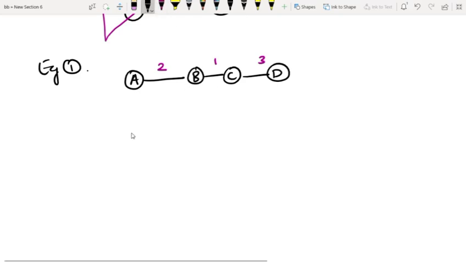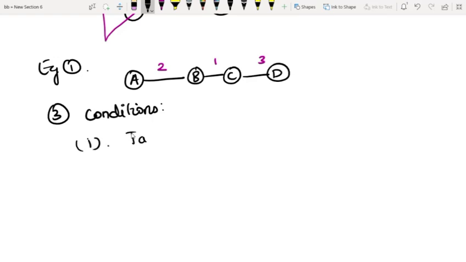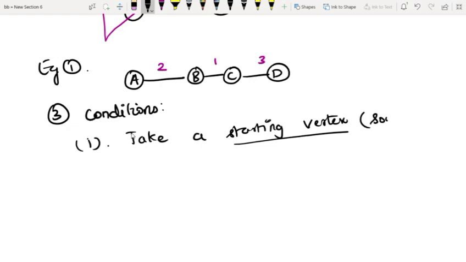First of all, you have to make 3 assumptions or 3 conditions for Dijkstra's algorithm. The first condition is take a starting vertex. We have to take a starting vertex. Only one source, this is also called a source, so only one source should be there.